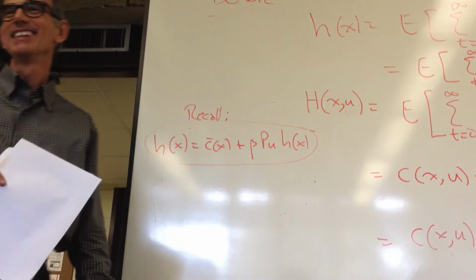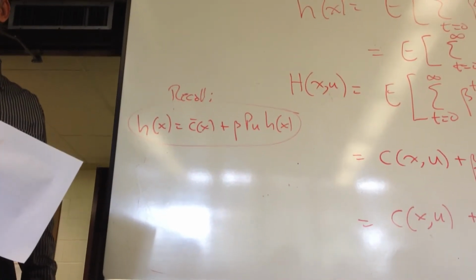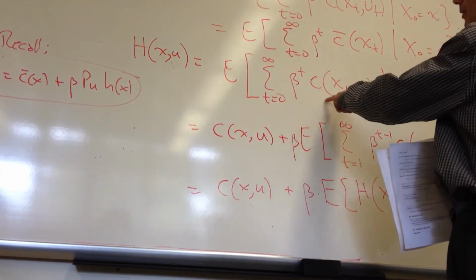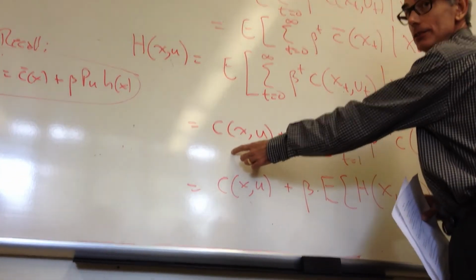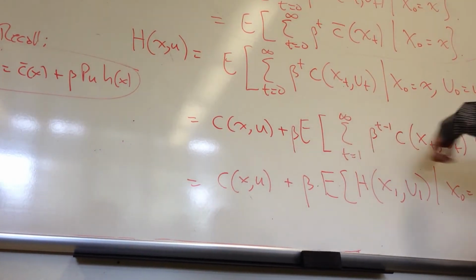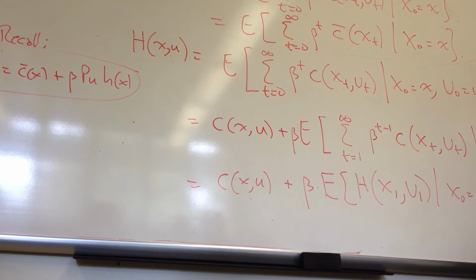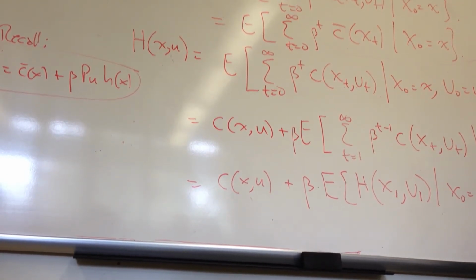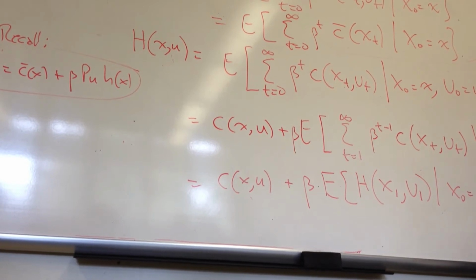There's a proof. That's really the proof: this total cost is the initial cost, and then by pulling out a beta here, I see that this is exactly the same as what I started with. Just take a look at this.